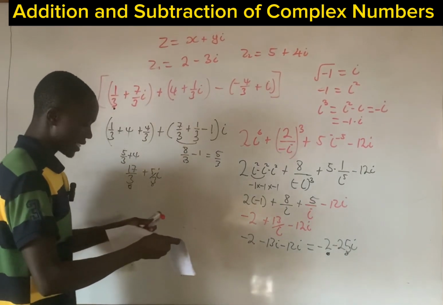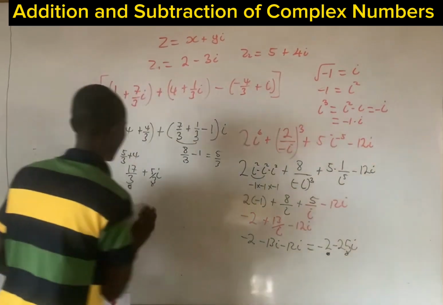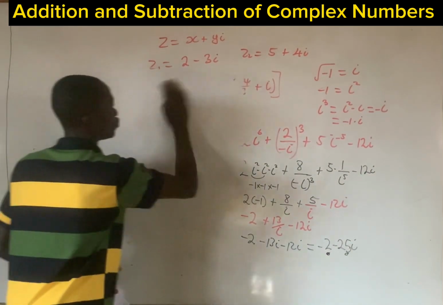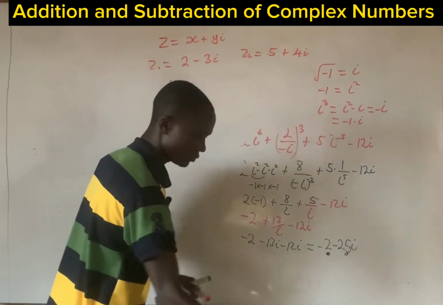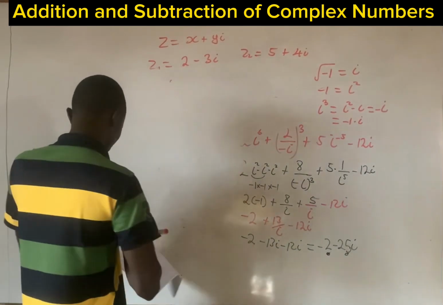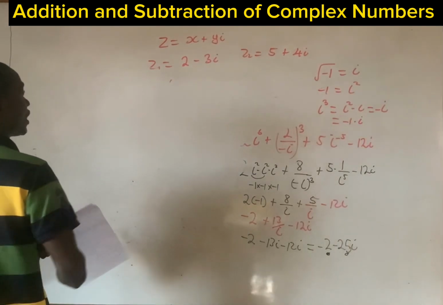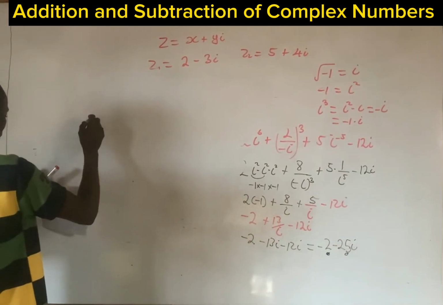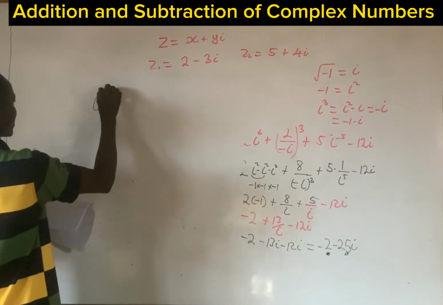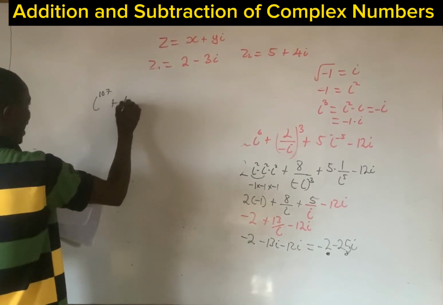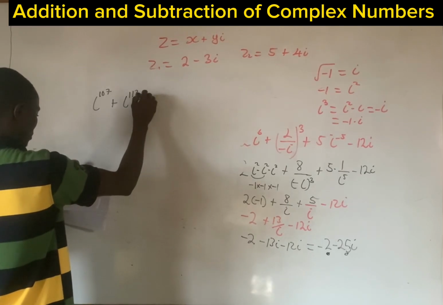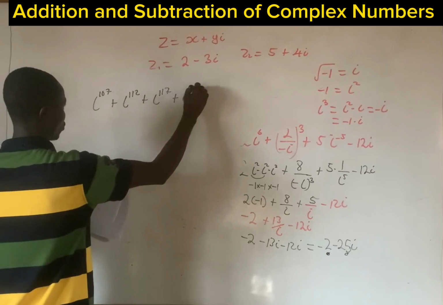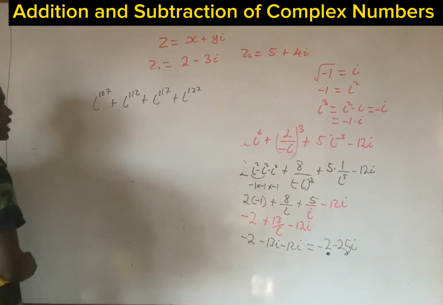Now, let's take the last two examples. If I have i power 107 plus i power 112 plus i power 117 plus i power 122, how do I simplify this?